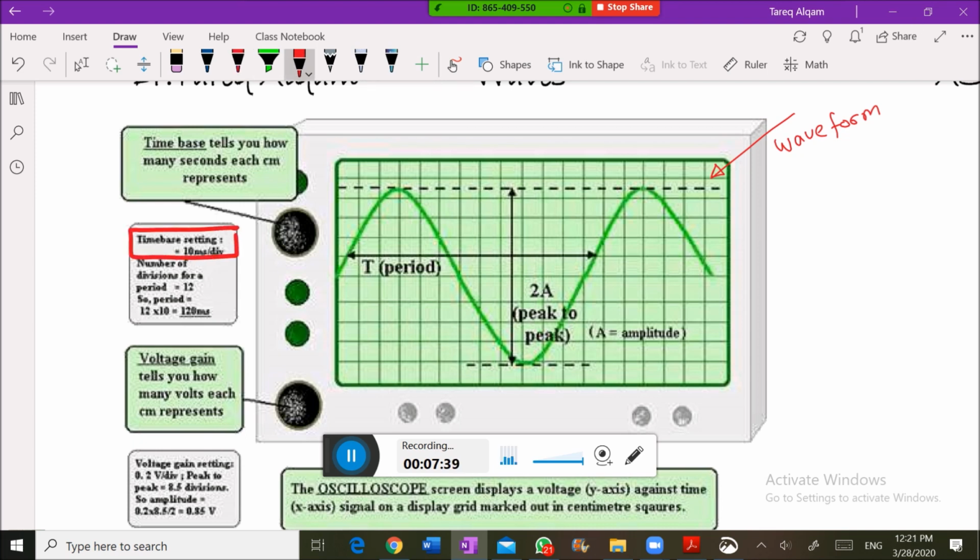This is called the time base control. We also have something called voltage gain control. The time base controls the period, and the voltage gain controls the amplitude. I will show you how.